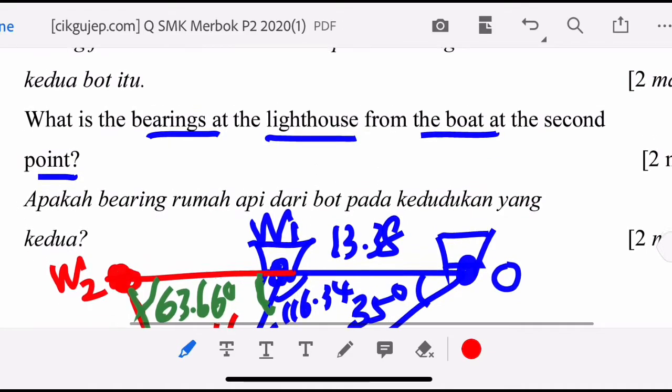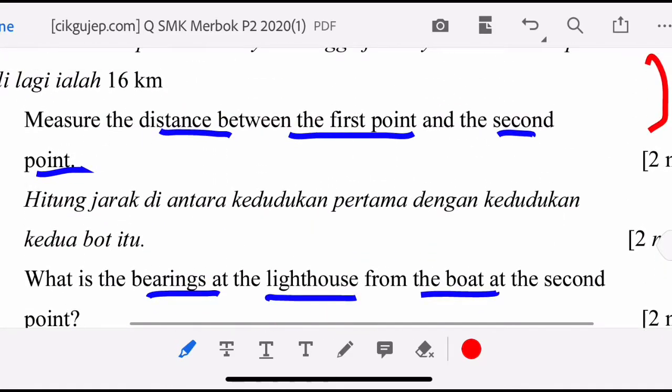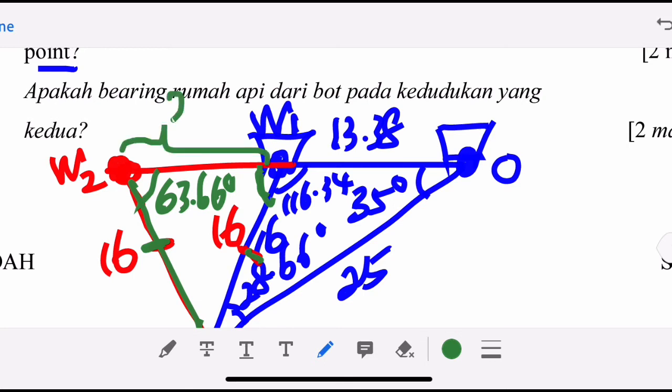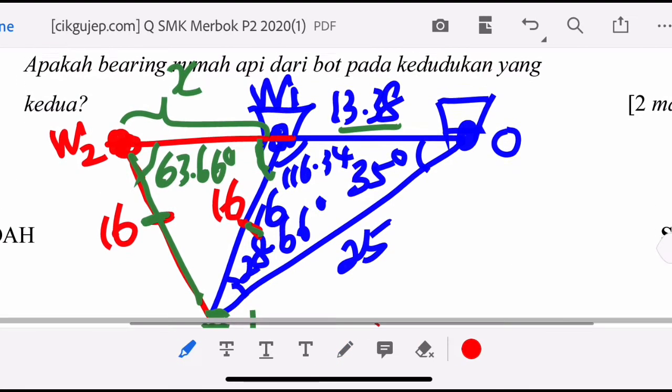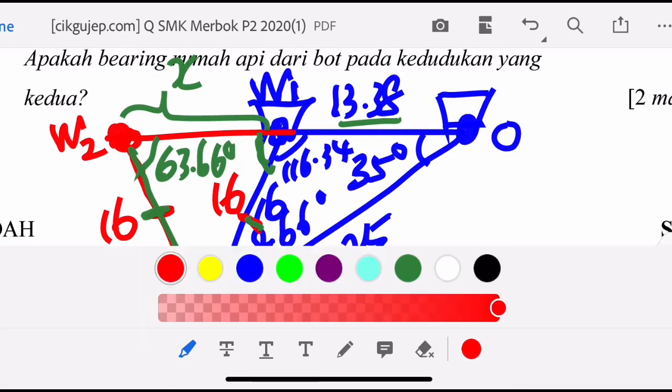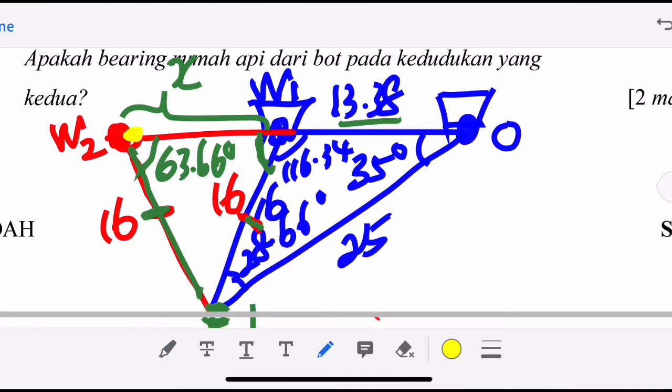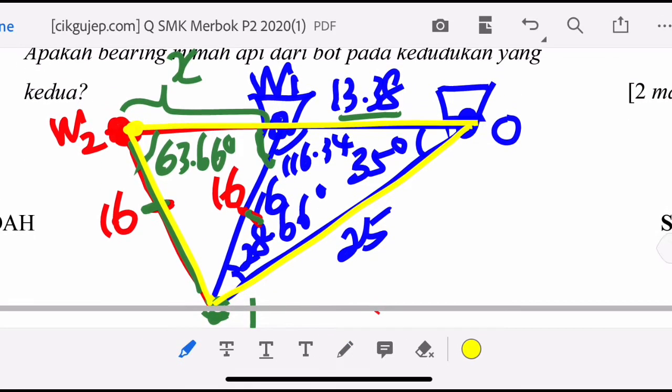Now the question is asking you to find the distance between the first point and the second point. That means you are asking to find this distance, x. Just now you have 13.38. So you will focus on the triangle. I'm going to highlight it to you, this triangle. It's the ambiguous case, so it's a bit confusing.